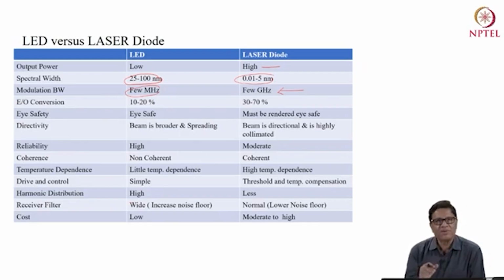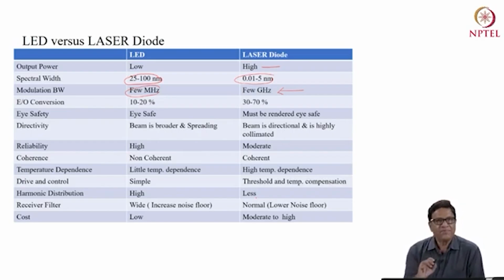So the noise floor actually increases when you're using an LED and receiver as a pair for communication. Whereas a laser diode is highly directional. The receiver which you are going to have is also very, very narrow. So the noise collected is also less. So basically the noise floor gets reduced when you are using a laser diode. And the cost, of course, is low for an LED and moderate to high for a laser.